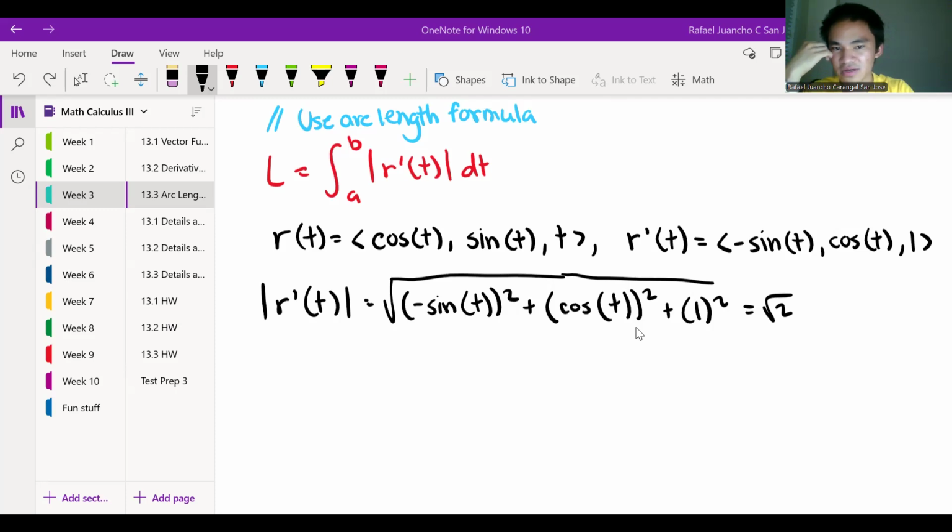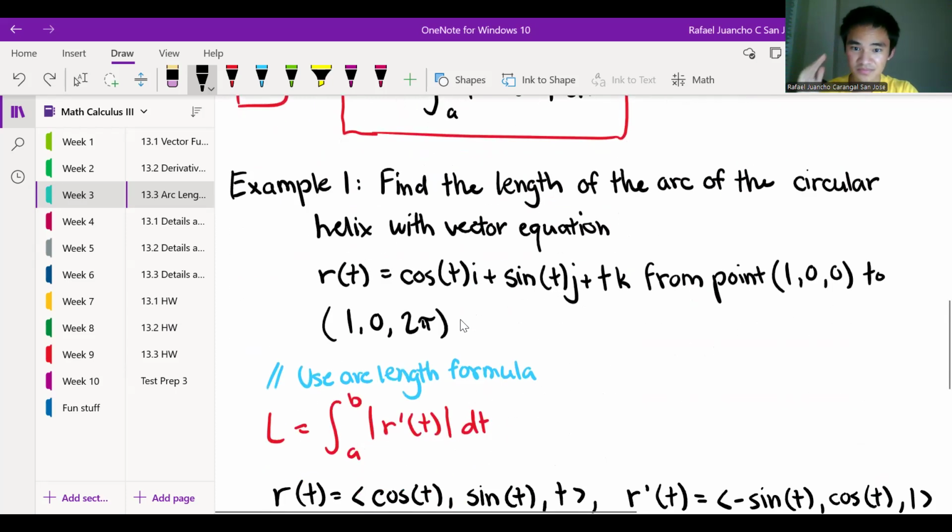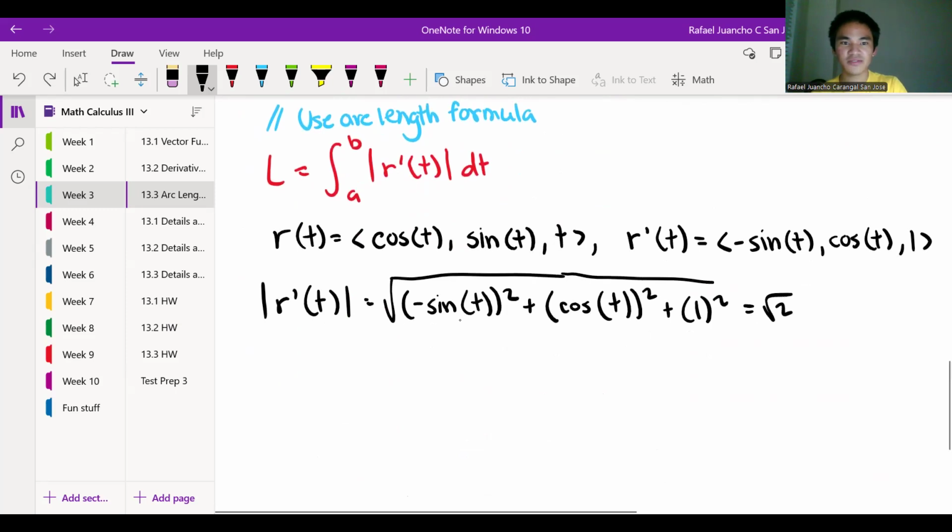Oh, I see, I see. So I have to plug in these 2 points in my position vector to get the parameters. So I don't assume immediately. So I'm gonna say find A and B. Okay, wait.